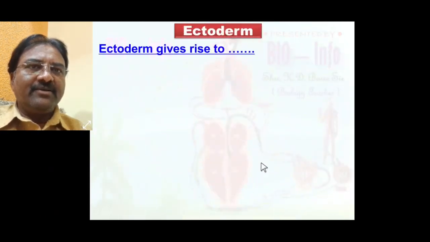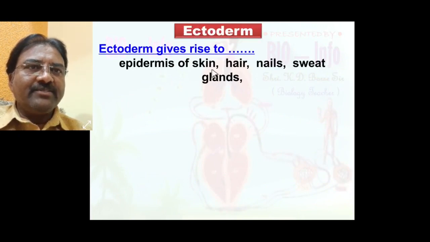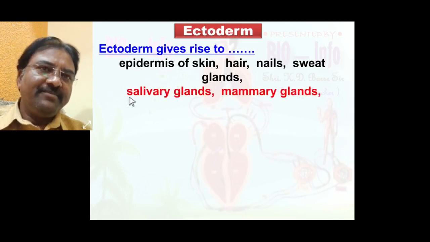First one is ectoderm, which gives rise to the epidermis of skin, hairs, nails and sweat glands. You know, sweat glands are present on the body surface and secrete sweat. So sweat gland, nail, hair, skin and epidermis originate from ectoderm.